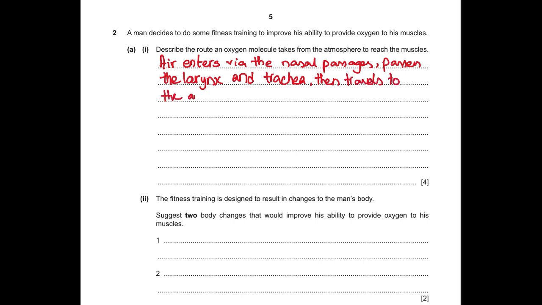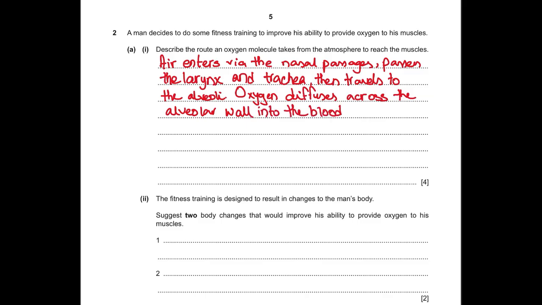Then it travels to the alveoli present in our lungs. In the alveoli, the oxygen diffuses across the thin alveolar walls into the blood. From there, the blood is then pumped by the heart through our arteries to the muscles in our body.